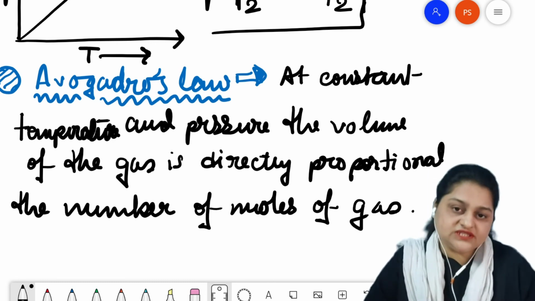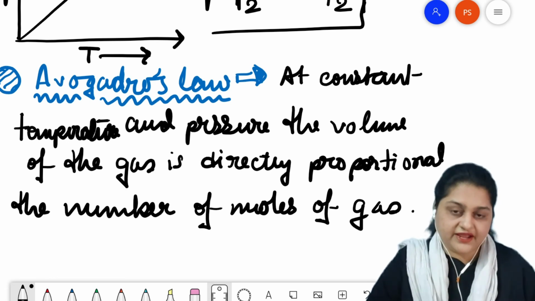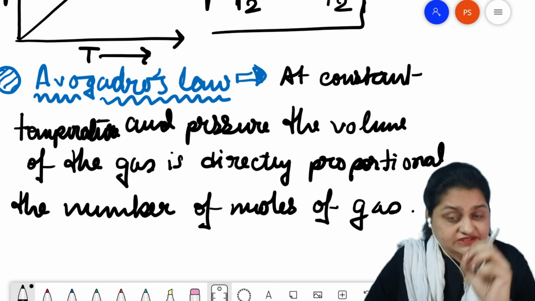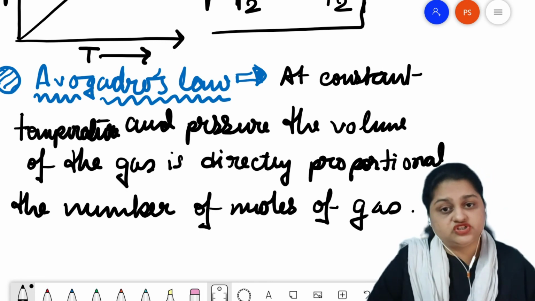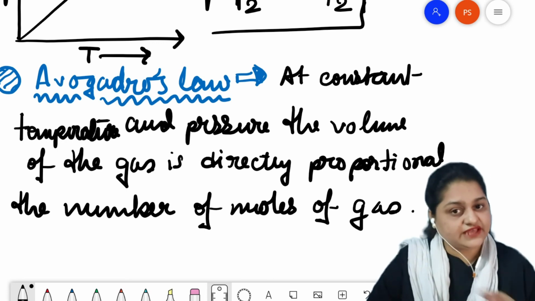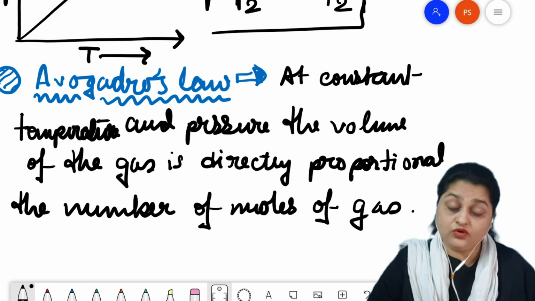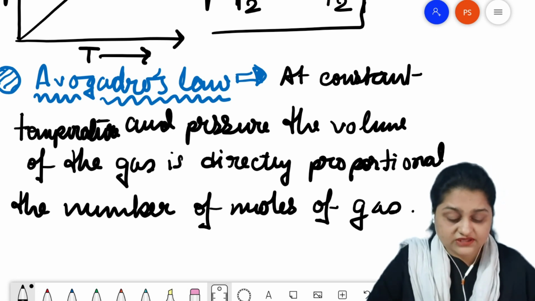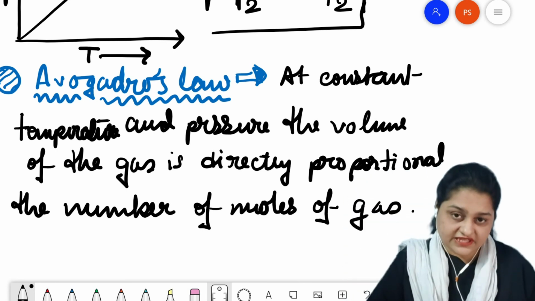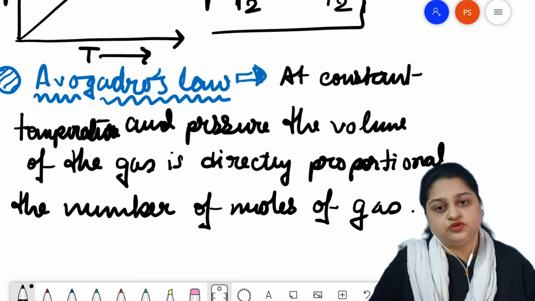And depending on Avogadro's law, an observation has been made that at 0 degree Celsius temperature and 760 mm of mercury pressure, 1 mole of all gases possesses the same value of volume, because Avogadro is saying that if the temperature and pressure are fixed, then the mole number will be proportional to the volume.